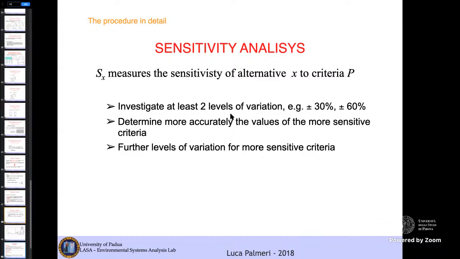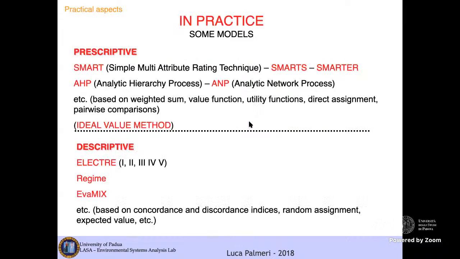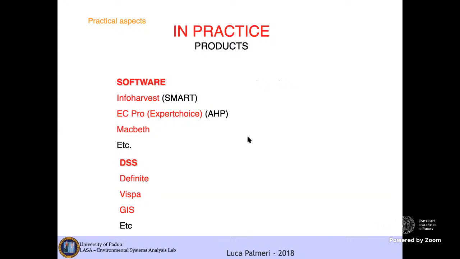Okay, I think that we can stop here for today with the sensitivity analysis. Here you have some software products that will help you in building multi-criteria models. Definite is one of the most diffuse ones.